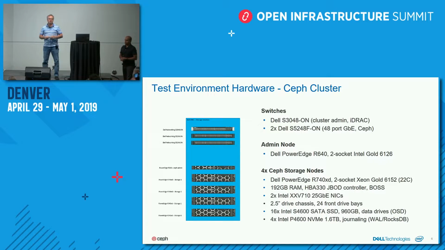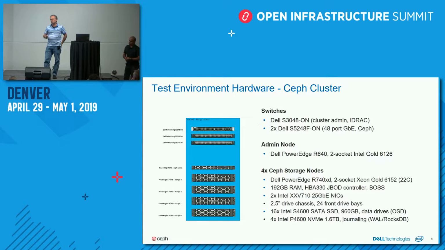We're using the HBA JBOD controller and the BOSS card for handling the OS. We've got a pair of 25 gigabit NICs. This is in a 2.5-inch drive chassis form factor with 24 front drive bays.